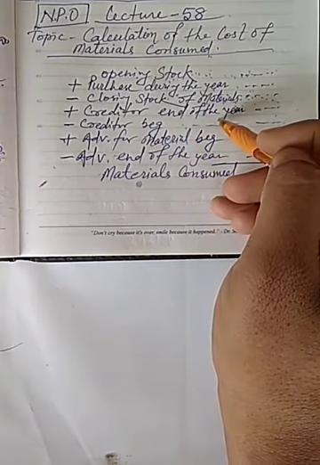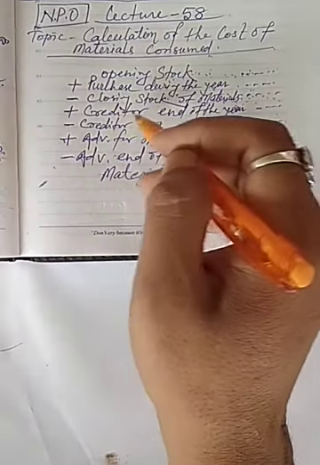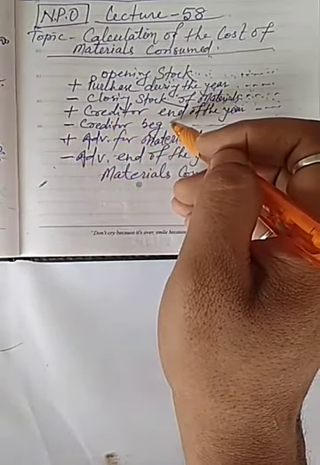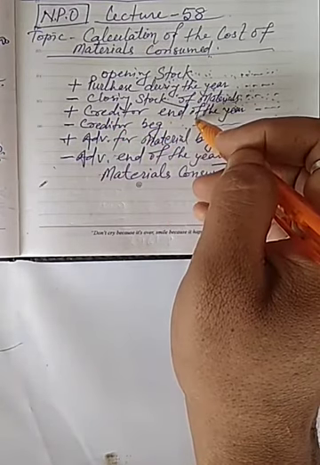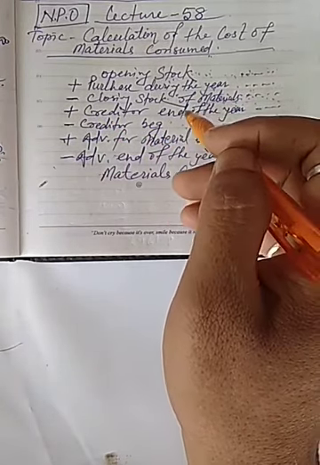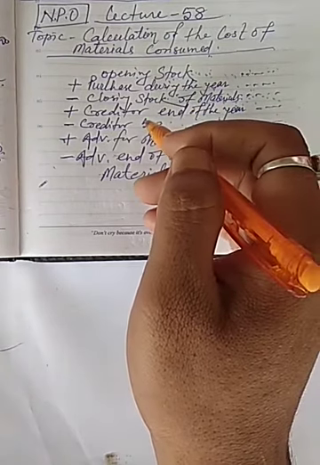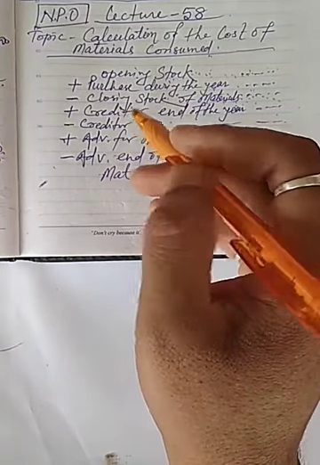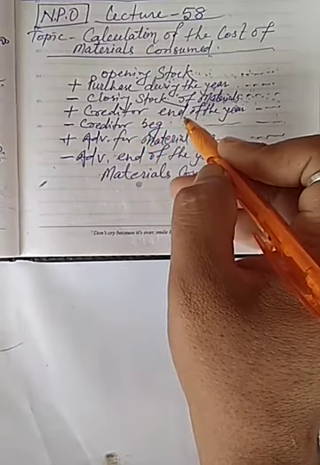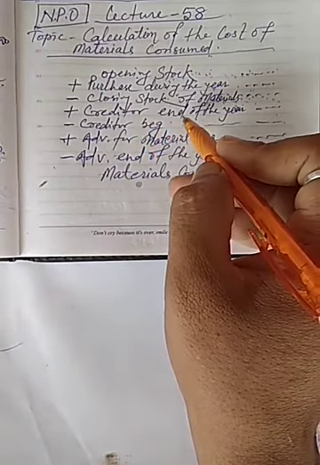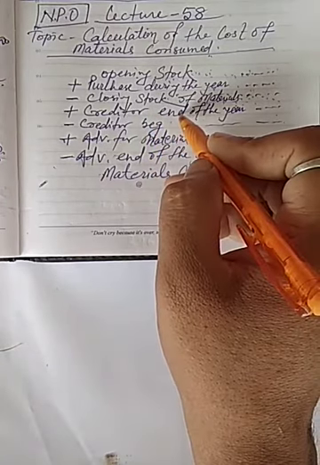Now creditor at the end of the year and beginning of the year. Suppose creditor is just like outstanding subscription end of the year, and we all know that subscription outstanding end is added.